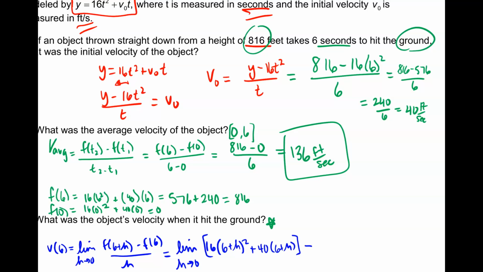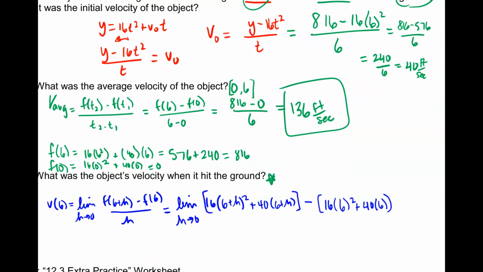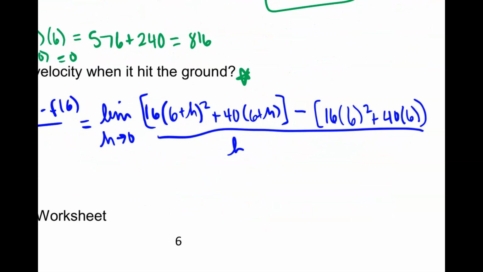Alright, so 40. Okay, so we are plugging in 6. 16 times 6 squared plus 40 times 6 all over h. Alright, so limit as h approaches 0. Okay, so we've done this before.